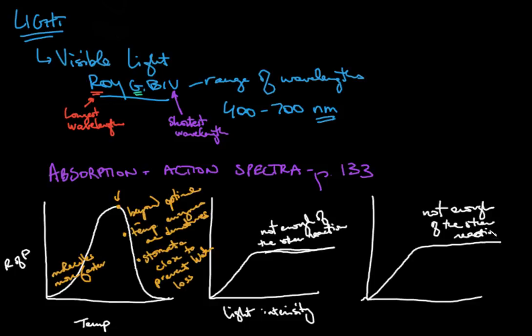So if you're trying to optimize the rate of photosynthesis for your plants, depending on the species, you might want to try to find the sweet spot of temperature, the optimal temperature. You might want to find the optimal intensity, but it plateaus, so really your optimal intensity could be anywhere in here.